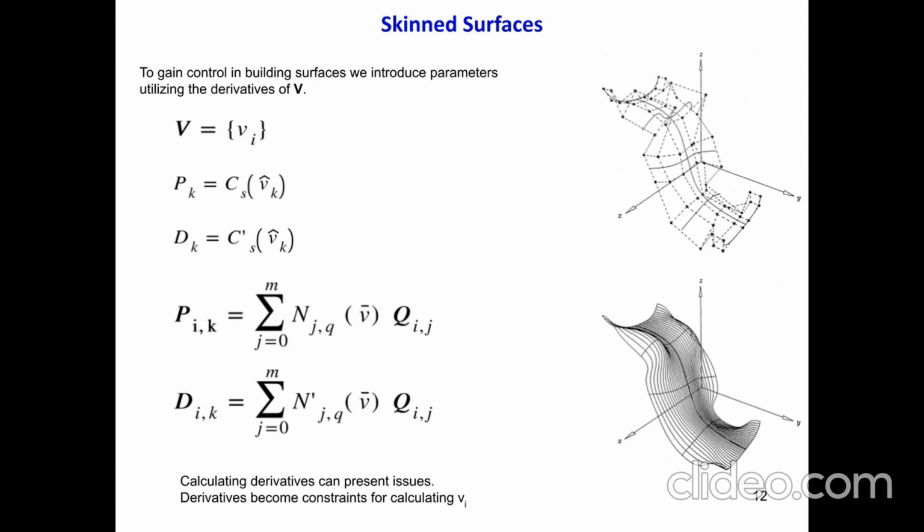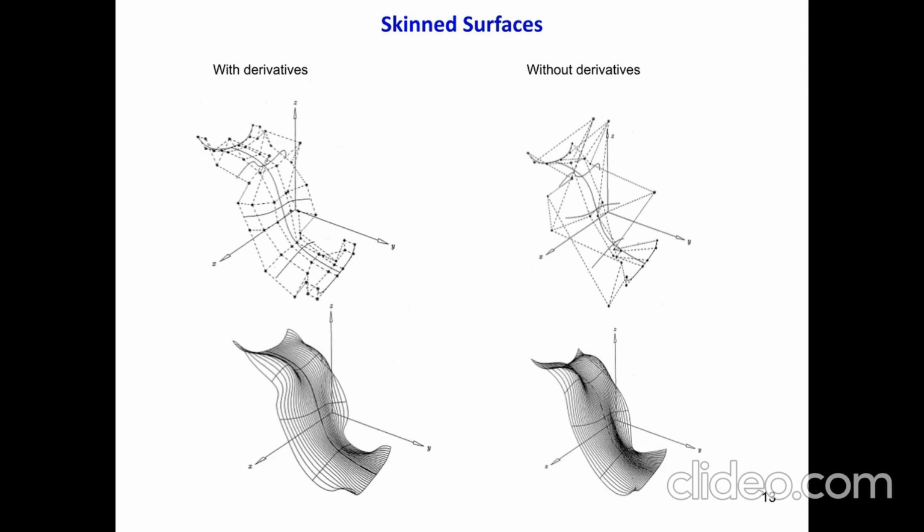So here we can see 2 surfaces, one on the left with derivatives, one on the right without derivatives. The actual bottom portion, it's a little tough to see the difference. On the top we can definitely see the difference in the control points, the way that they were being interpolated.